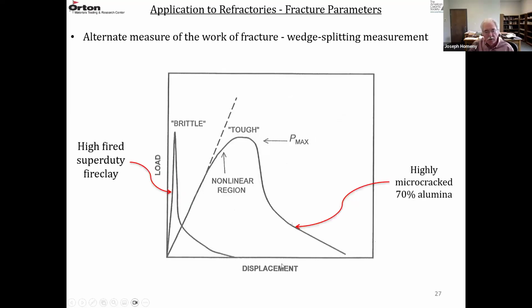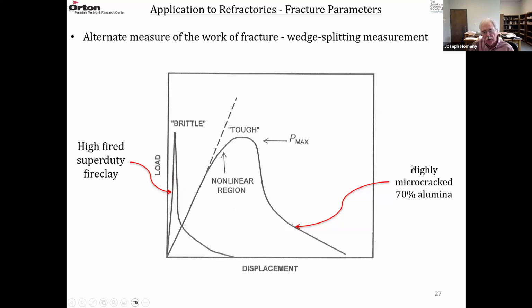This is what a wedge splitting test might look like, a load displacement curve. This could be a very high duty fire clay with a great deal of glass present, so it's kind of a brittle refractory. When you load it, you get linear behavior, then failure, an abrupt drop in the load.